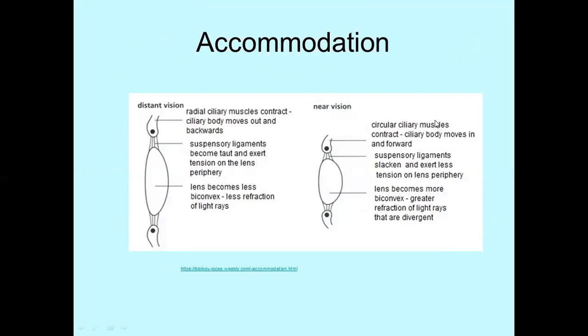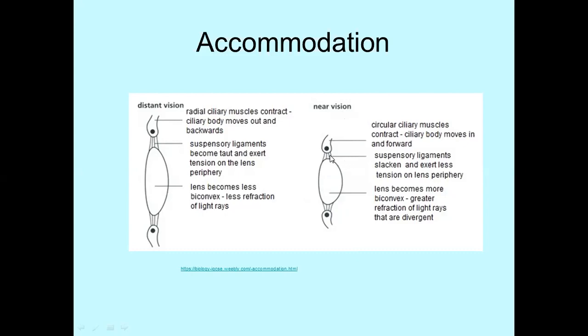Okay, looking at the picture here, this is all looking at objects closer than 6 meters. Because the circular ciliary muscles have contracted, the ciliary body has moved. When I say inwards, see it as a circle. So it moves inwards, and in fact, it also moves forwards.